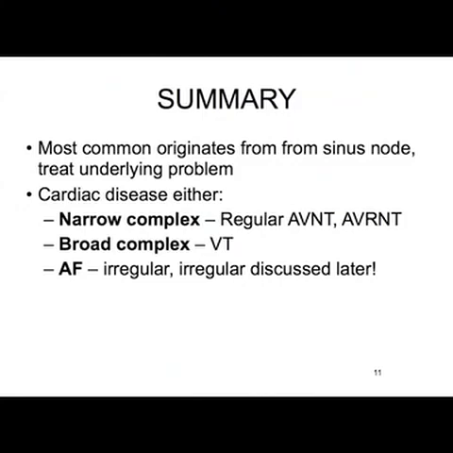The most important regular narrow complex ones are SVTs, either due to nodal reentry or AV reentry. These are treated with vagal maneuvers or adenosine. The most important broad complex regular tachycardia is VT, and this is treated with amiodarone and DC cardioversion if unsuccessful.